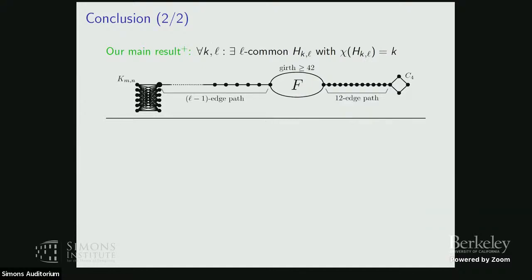Also, a few more comments on our construction of this common graph, or L-common graph, with arbitrary high chromatic number. There are a couple of features of this construction. For instance, the graph is connected, but it's not too connected. Actually, at the end of our paper, we ask whether one can have a construction of a common graph, L-common graph more generally, that has arbitrary high chromatic number and also arbitrary high connectivity.